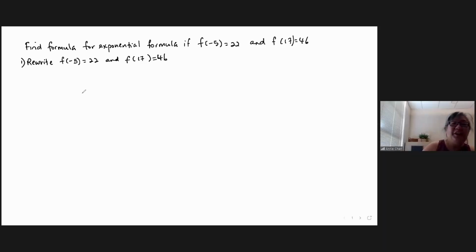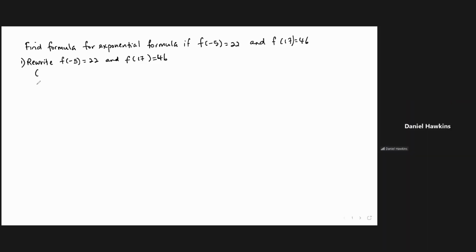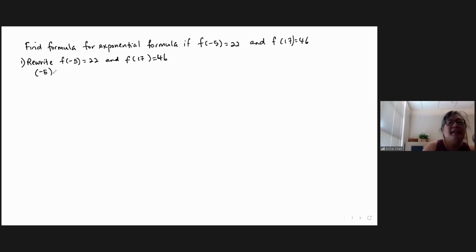Very good. So we're going to rewrite this one as 2 points. What's inside the parentheses? The x value. Fabulous. Input. So this is going to be -5.